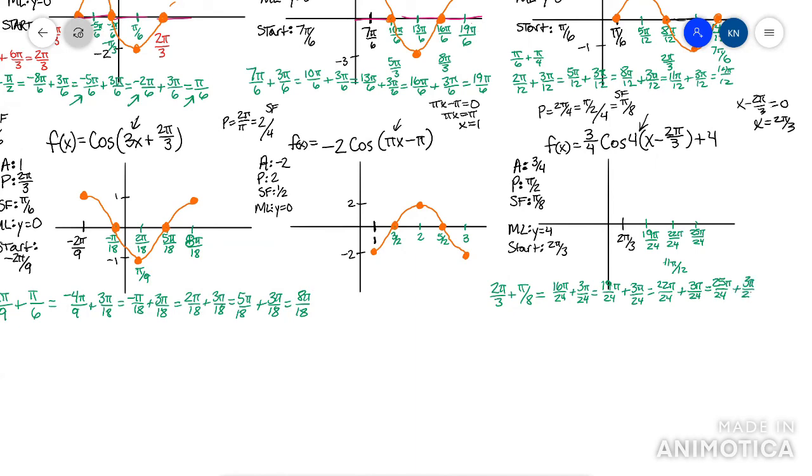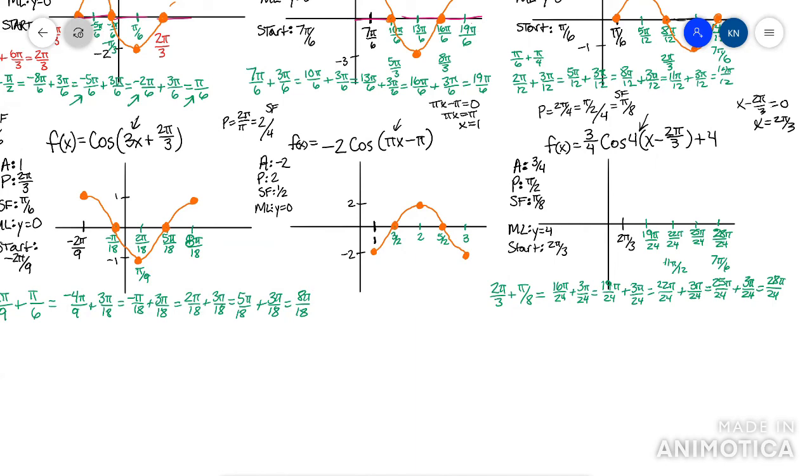Then the last one, 28 pi over 24. Which, by the way, is 14 pi over 12, so 7 pi over 6.